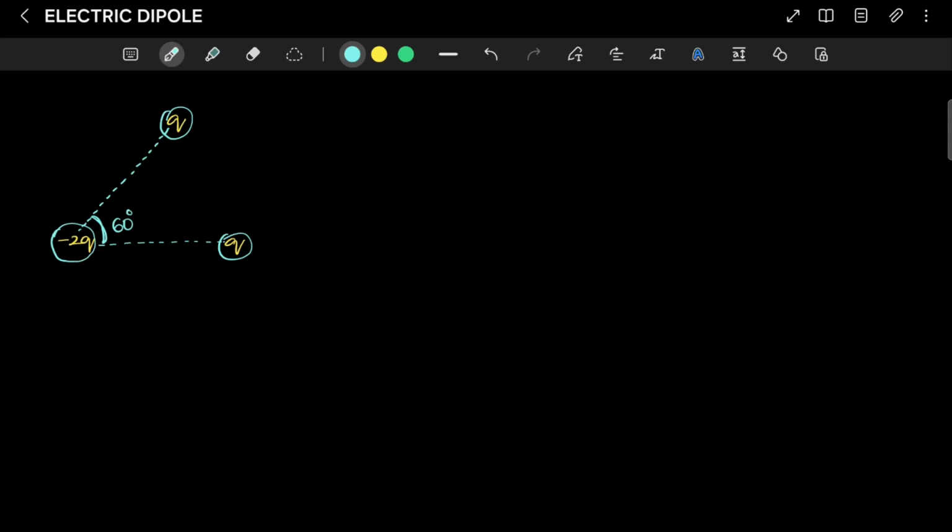Now, what is the electric dipole moment of this particular system? Let us take this particular distance as A.